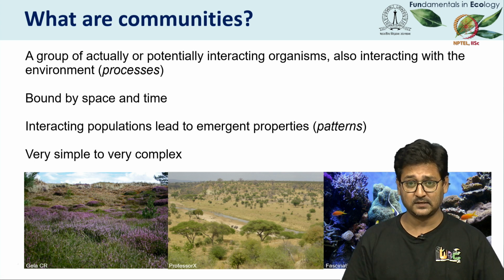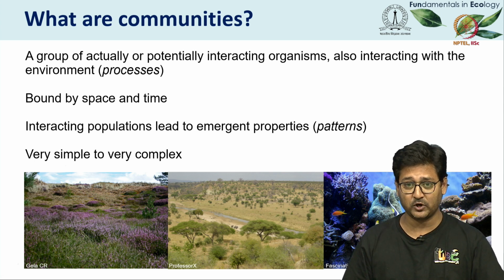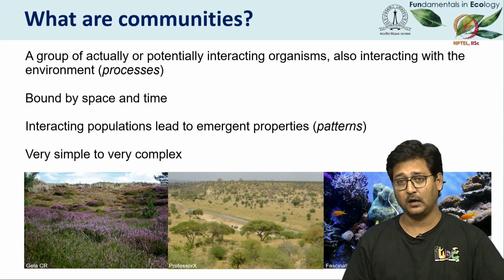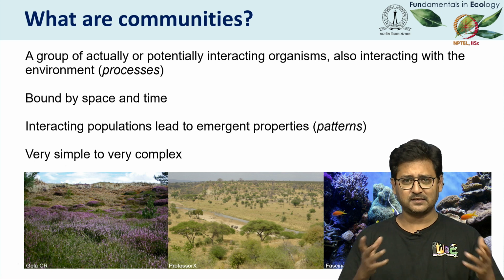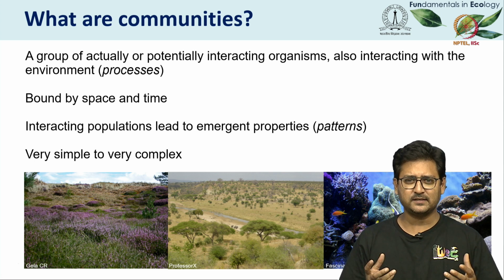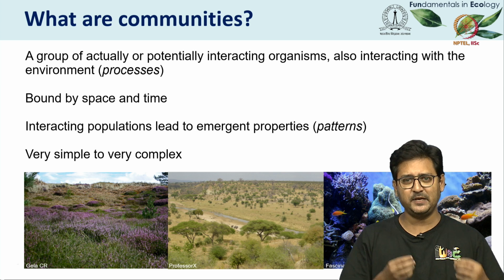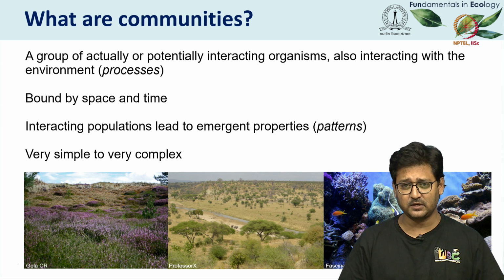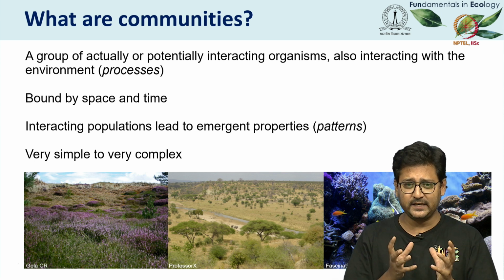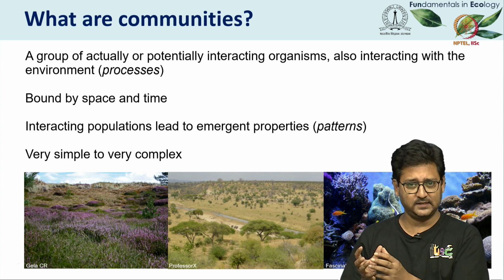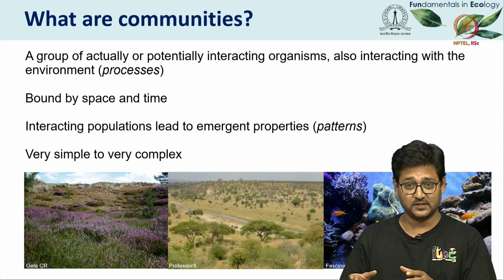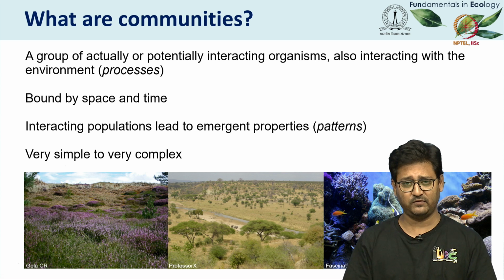The better competitors that can access nitrogen better end up having larger population sizes than species that are not as good at competing for nitrogen. And there are multiple interactions of species with their environment, multiple interactions of species with each other. All of those complex interactions end up creating a community that has certain properties in terms of the presence or absence of certain species and the abundances of those species.